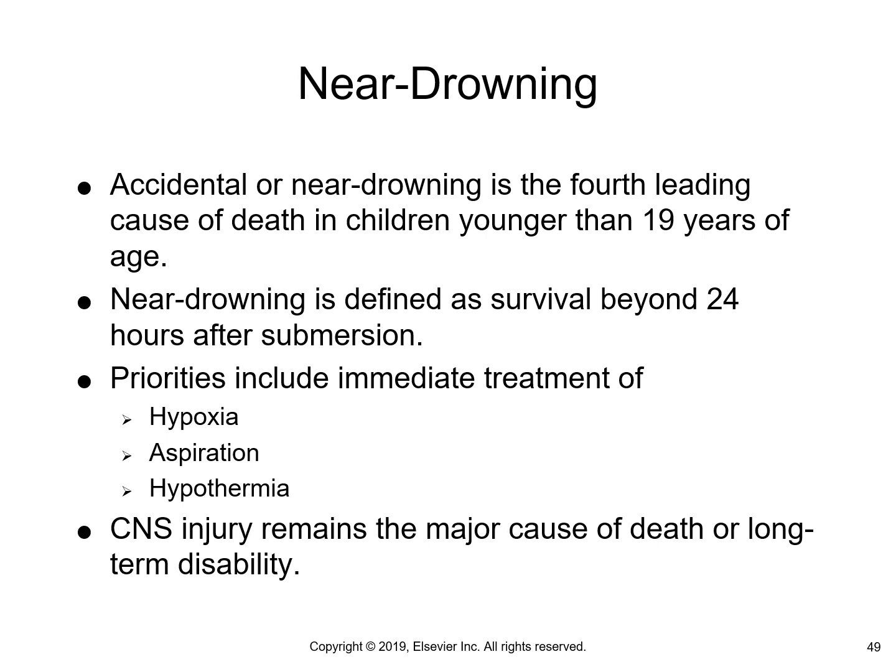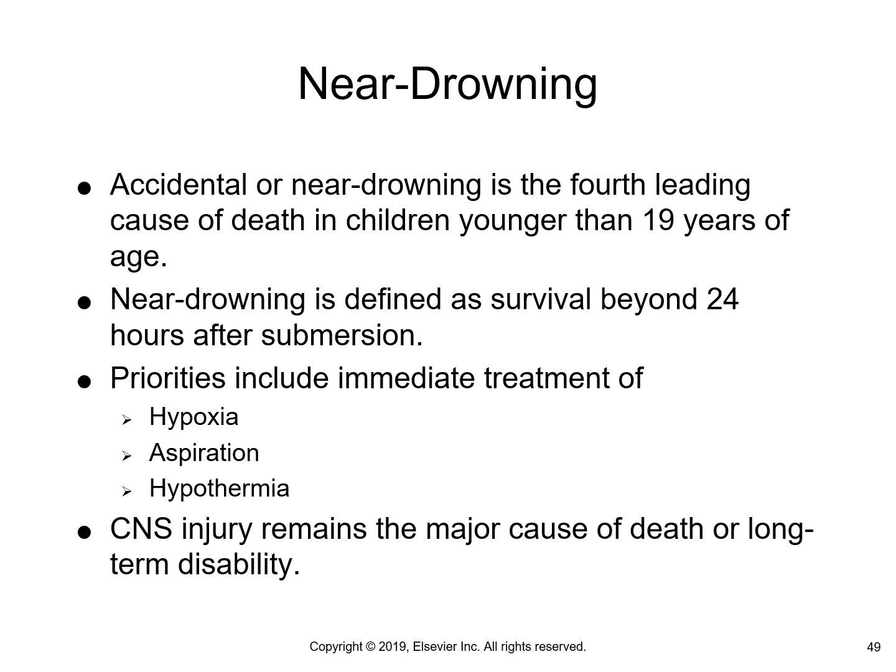Hypoxia, the oxygen is not going to the lungs, and it's not helping with the oxygenation of the brain, right? So one of the priorities for immediate treatment is hypoxia, number one.